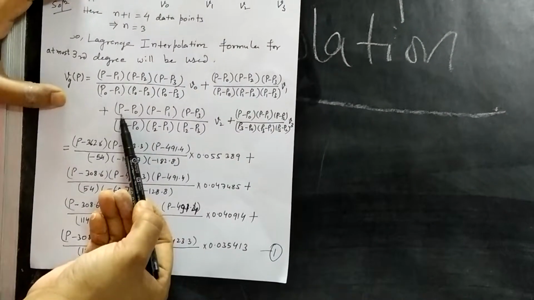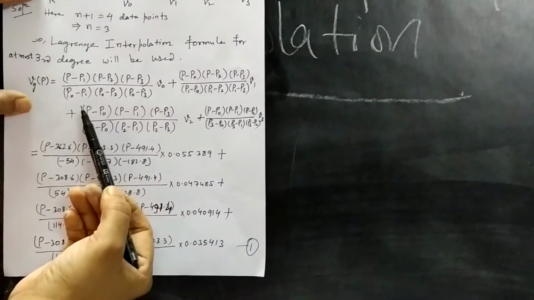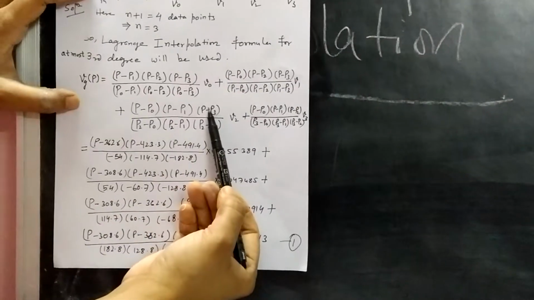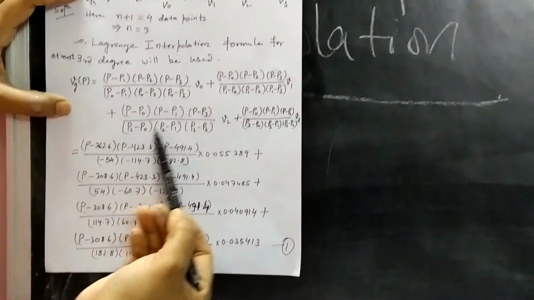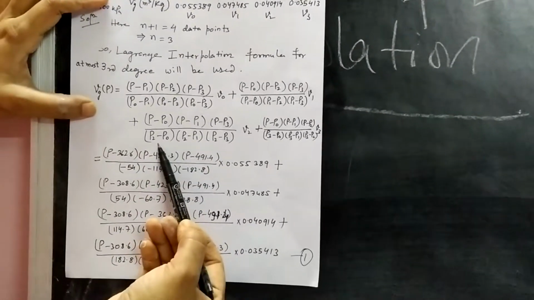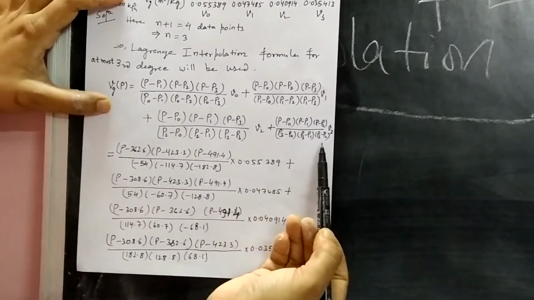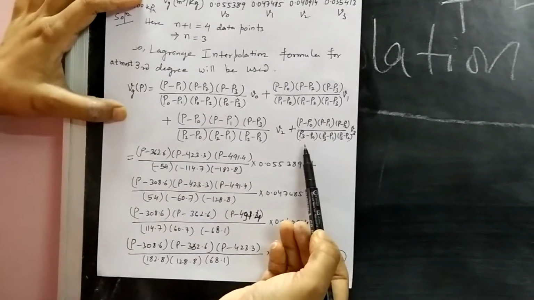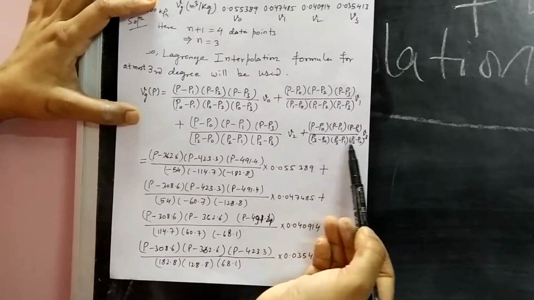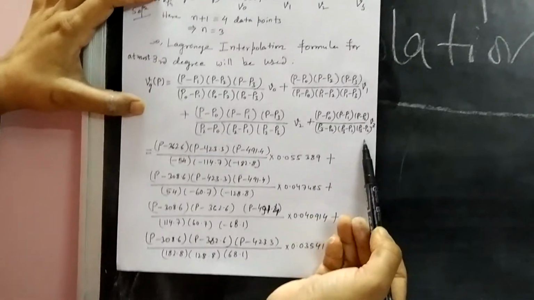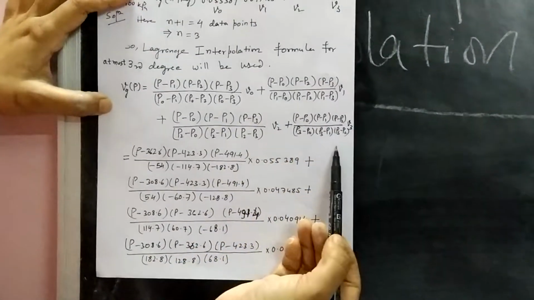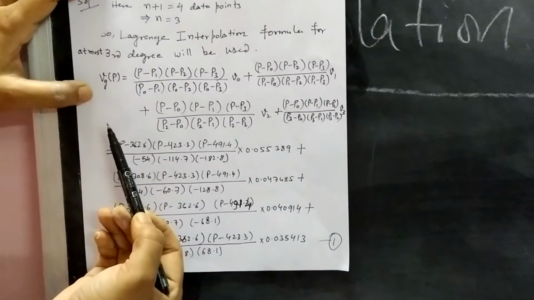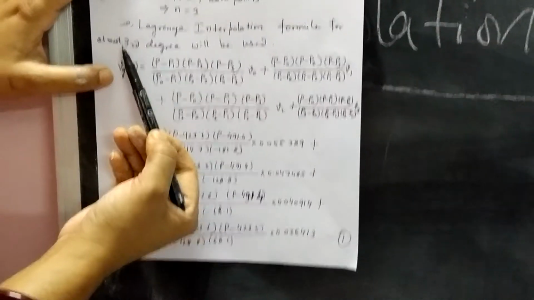Similarly, in the next term P2 will not appear in the numerator, and in the denominator differences will be taken from P2. Similarly, in the third term P3 will not appear in the numerator, and in the denominator differences are taken from P3. So this is the formula for Lagrange interpolating polynomial of degree 3.